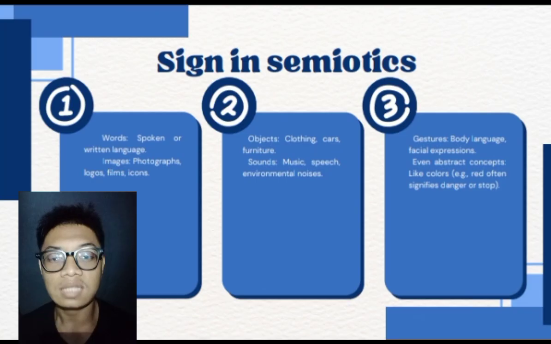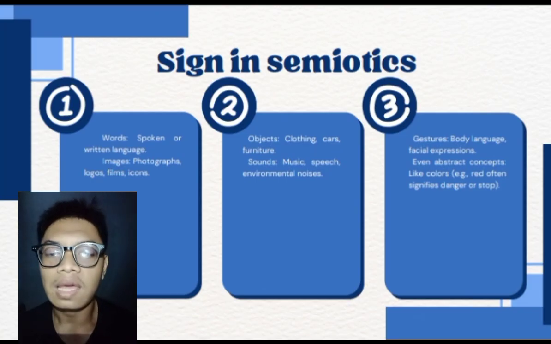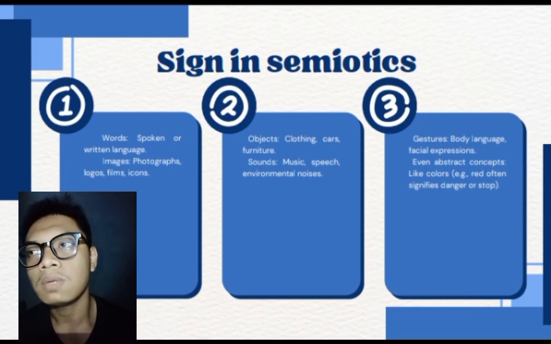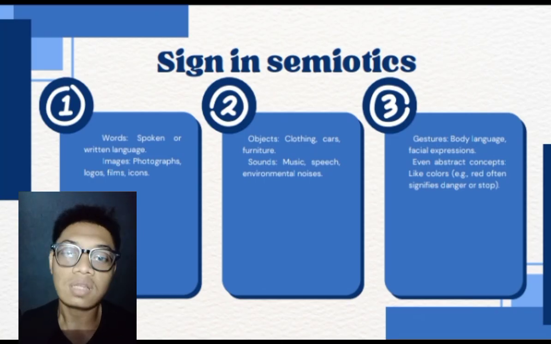So the same hand gesture or symbol might mean totally different things in different cultures.